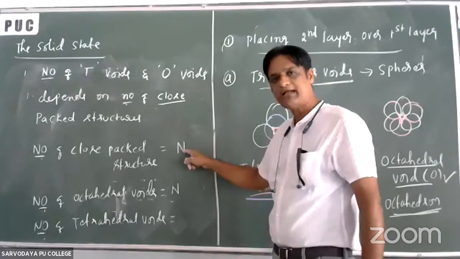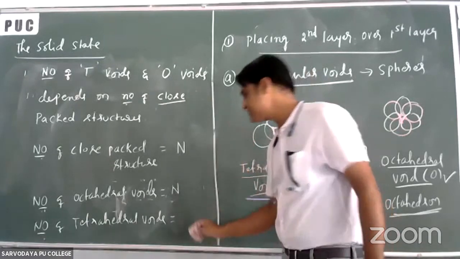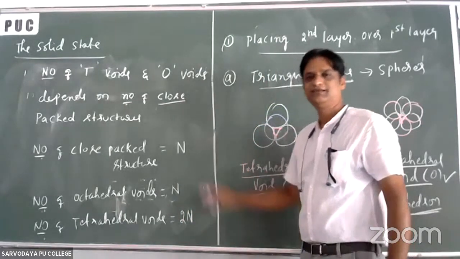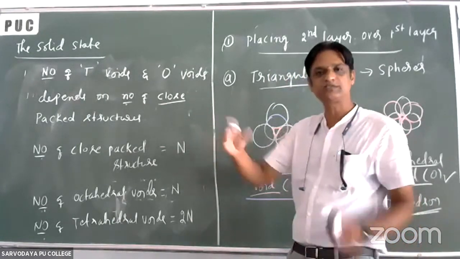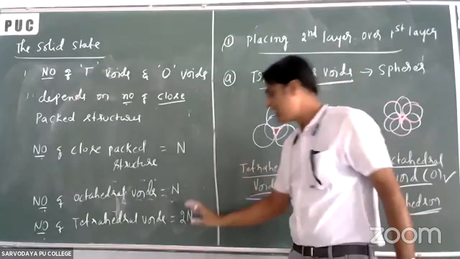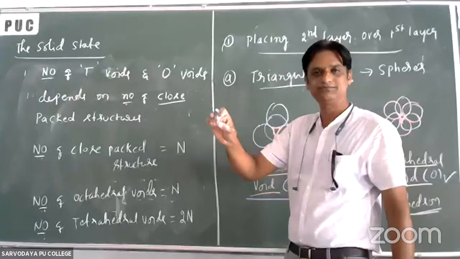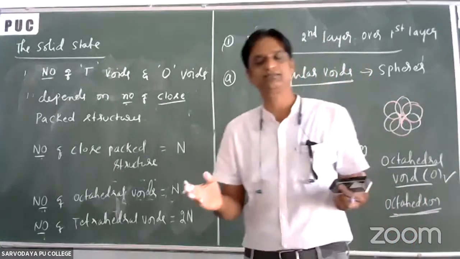So if close packed structures are n, then the number of tetrahedral voids will be equal to 2n. Suppose the number of close packed structures or spheres is 100, how many tetrahedral voids will be generated there? 2 into 100, 200. Okay, see, a question can be asked.